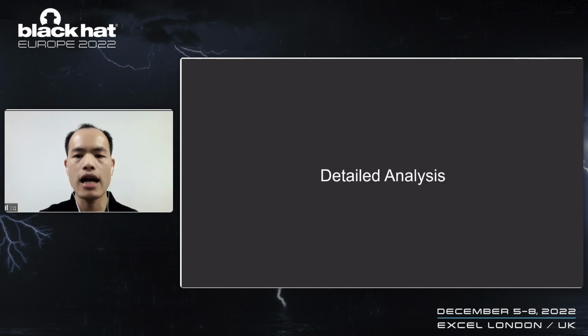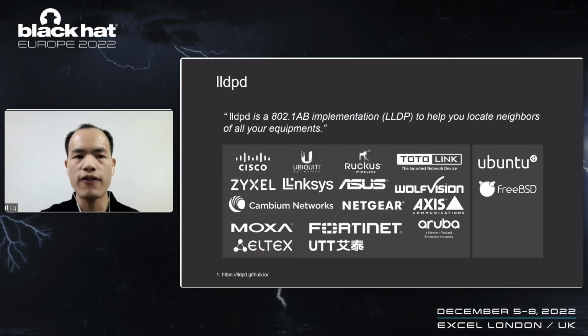Next, I'll discuss several common LLDP components and some vulnerabilities inside them in detail. The first, an open source component, is LLDPD. It's an 802.1AB implementation to help locate labels of all equipment.